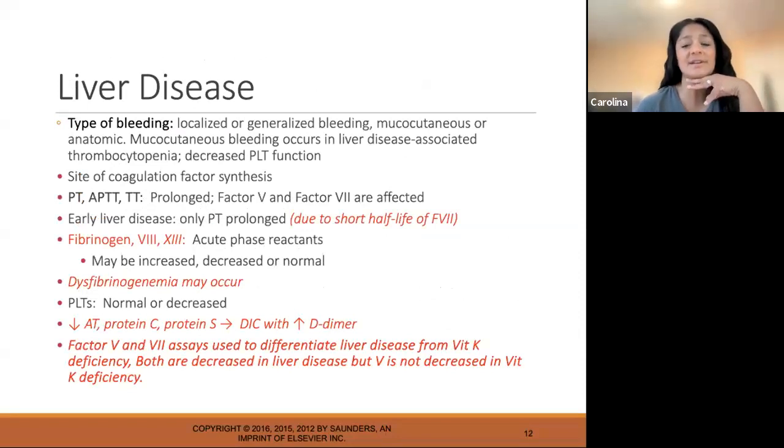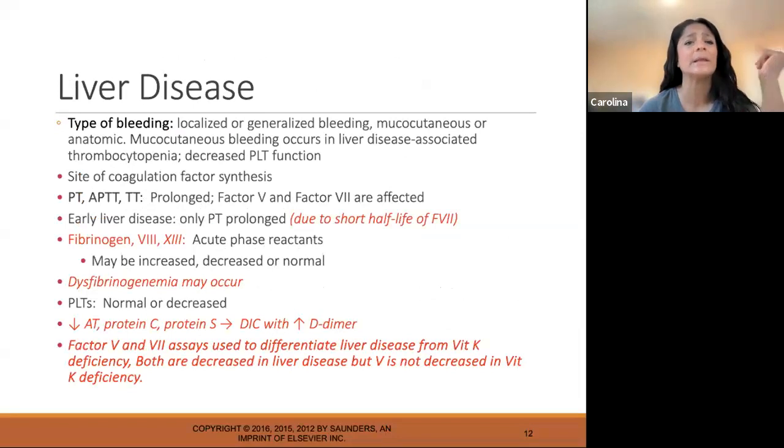Another condition that also relates to bleeding is liver disease, okay? And we all know why. It's because our coagulation factors are made in the liver, right? And so there are many different types of liver disease. This is like a big umbrella for different conditions, okay?